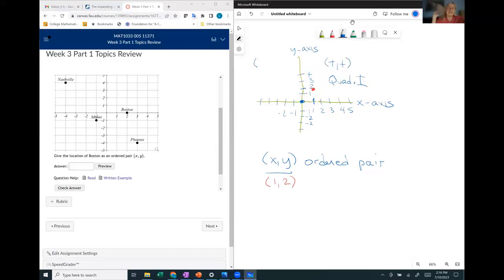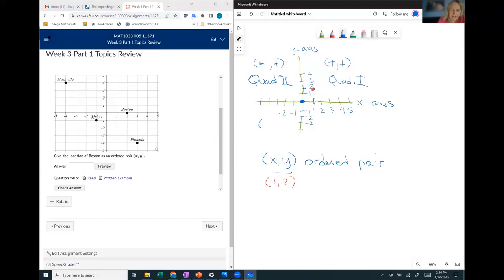If I'm over to the left in this quadrant, x is negative, right? And y is still positive because it's going above the 0 point. This is called quadrant 2, and we use Roman numerals.